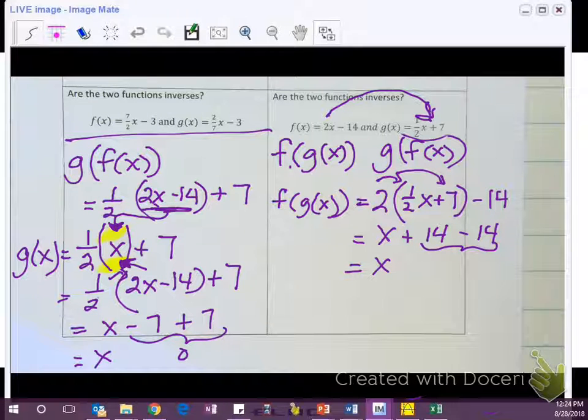That is the test to determine if two functions are inverses of each other. So I'm going to write out the test.